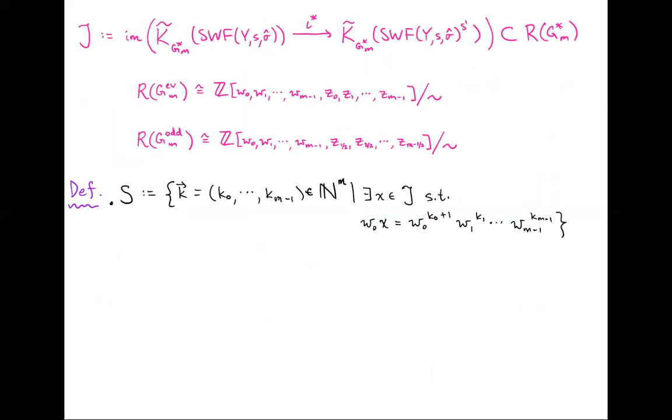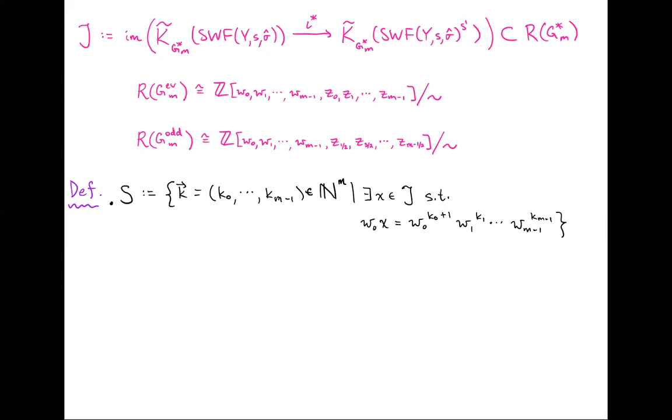Oh, great. Okay. So let's define the set S. It's going to be the set of n-tuples of natural numbers such that there exists an element x sitting inside of this ideal, such that if I multiply x by w0, I get this element over here. It looks a little weird as stated.